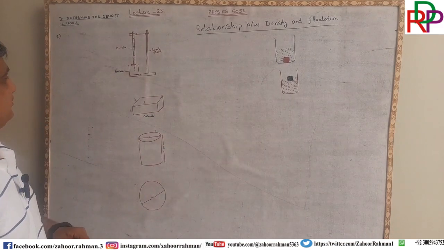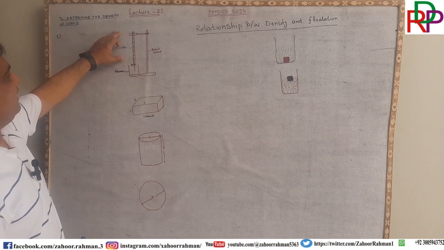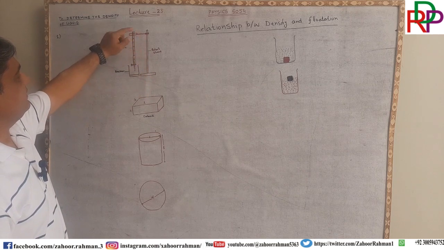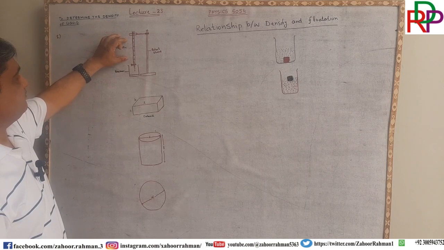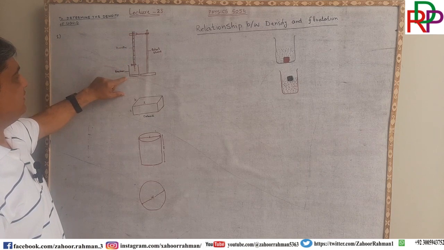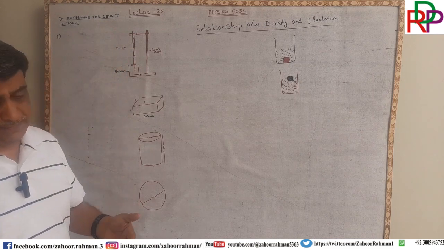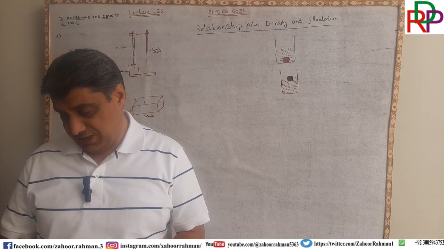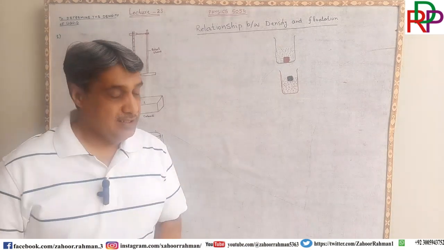Ladies and gentlemen, you need a retort stand, burette, and a beaker along with a balance because you have to measure the mass.